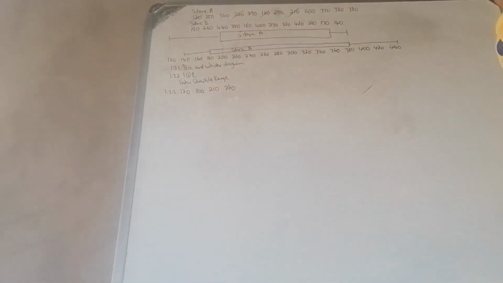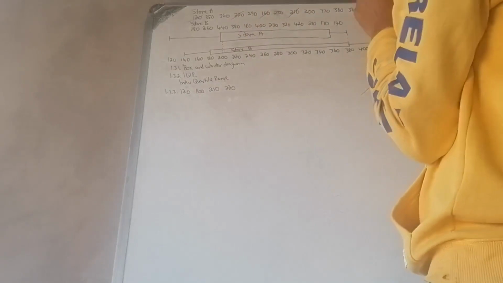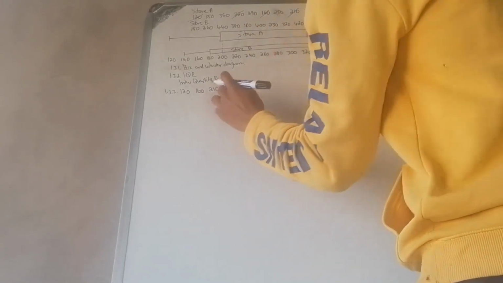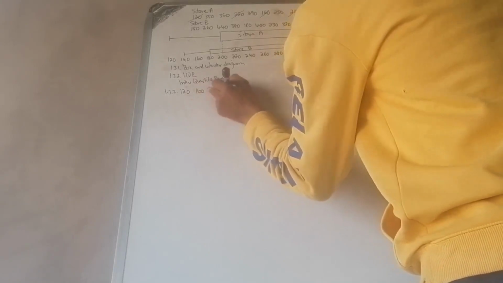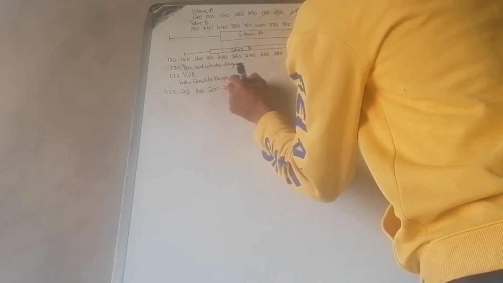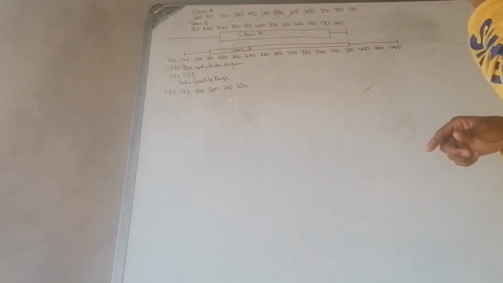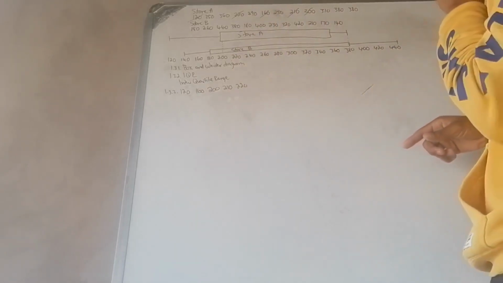And then from there, we have 200, 210, 220. Okay? And then from there, we are done with the 200s.